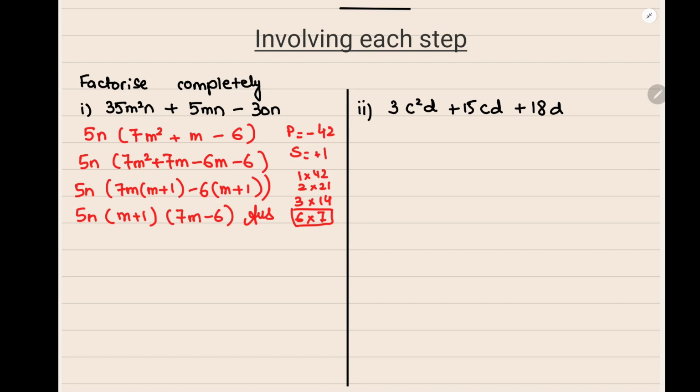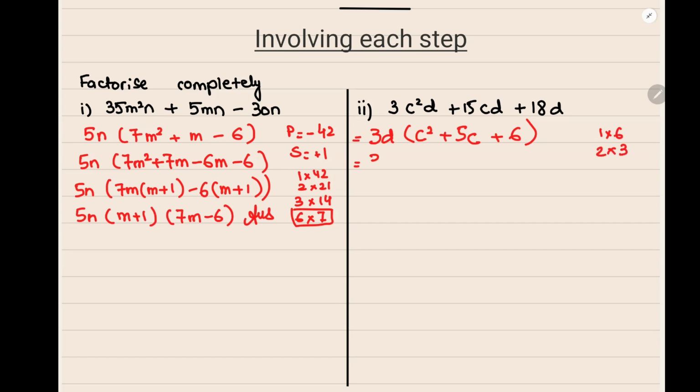Now, same, we have to go for the second one. We can take 3 common and we can take d common as well. Okay. Now it should be c squared plus 5c plus 6. Check for the sequence. Yeah, just properly organized. So it's a 6. So 1 times 6, 2 times 3.